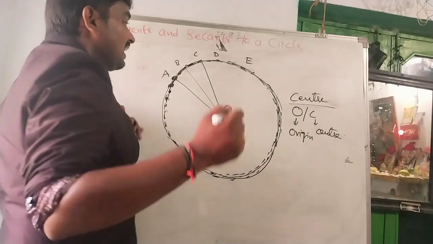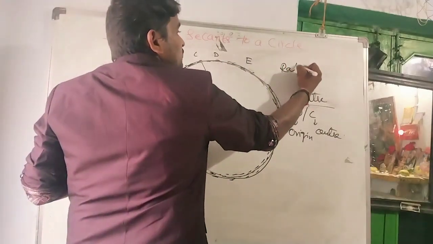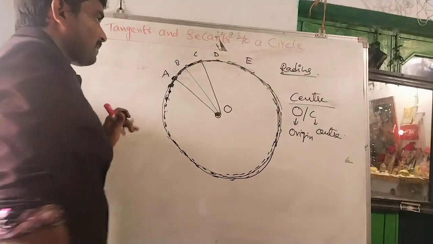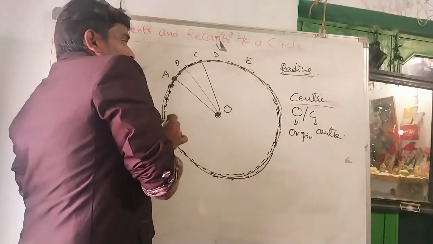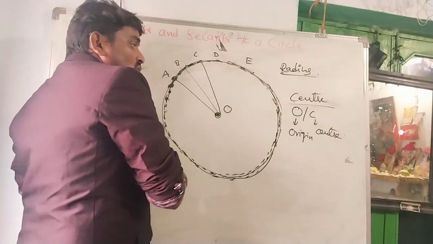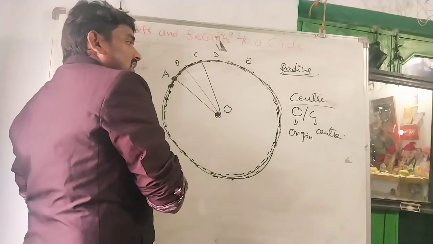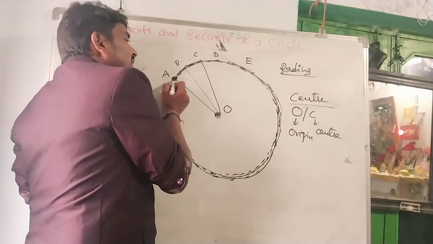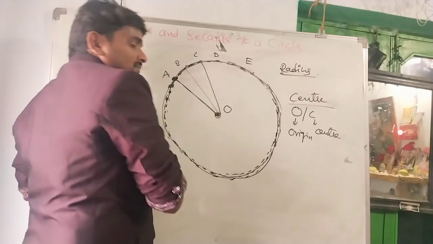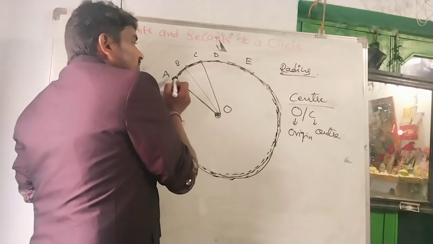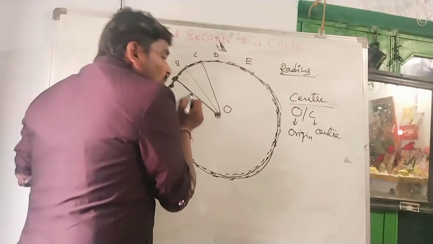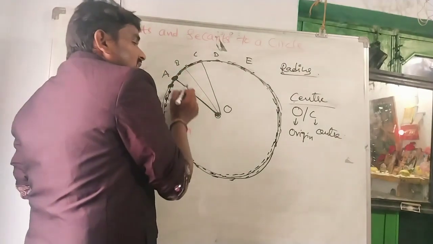And next one, radius. Let's see what is radius. Very simple. A line segment which is drawn from the boundary to the fixed point is called radius.